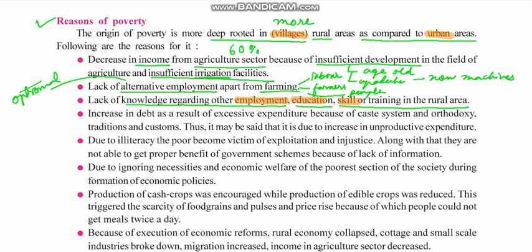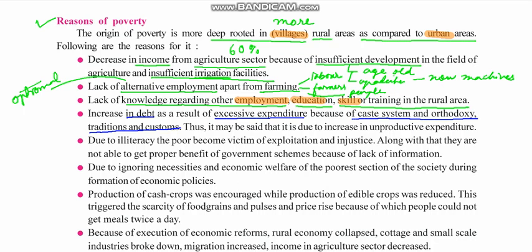Next is increase in debt. Debt means udhar. Increase in debt as a result of excessive expenditure, say excessive expenditure because of caste system and orthodoxy. This happens many a time that there is a lot of expenditure related to the traditions and customs that we follow.